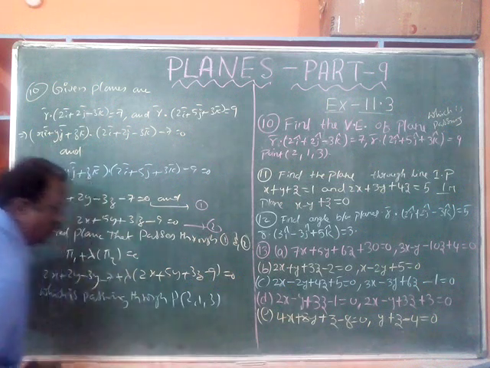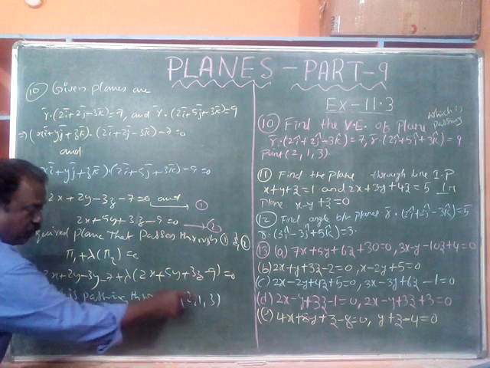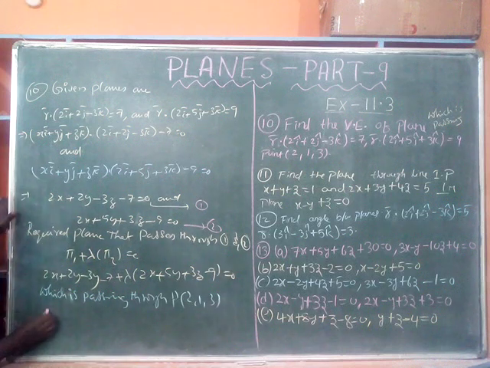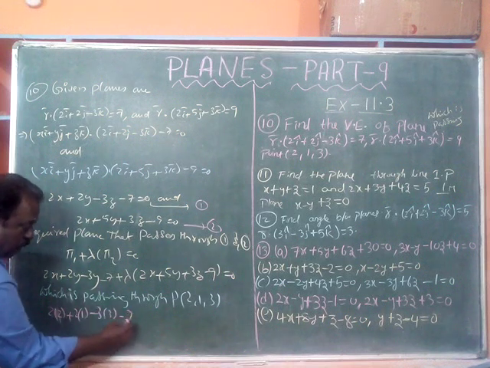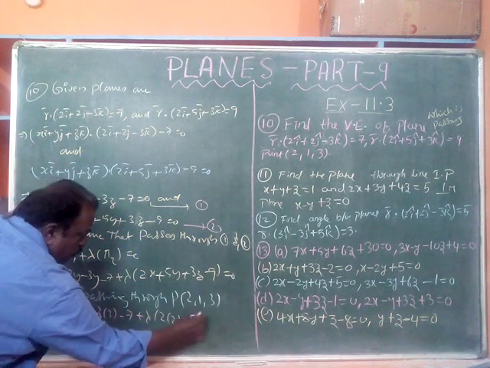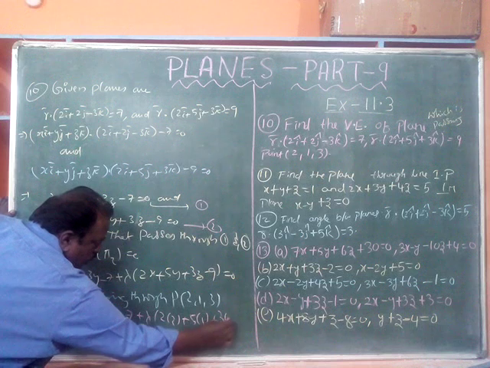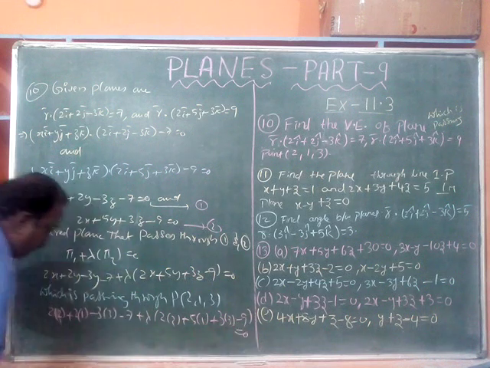Now substitute 2 for x, 1 for y, 3 for z: 2 into 2 plus 2 into 1 minus 3 into 3 minus 7, plus lambda of 2 into 2 plus 5 into 1 plus 3 into 3 minus 9 is equal to 0.